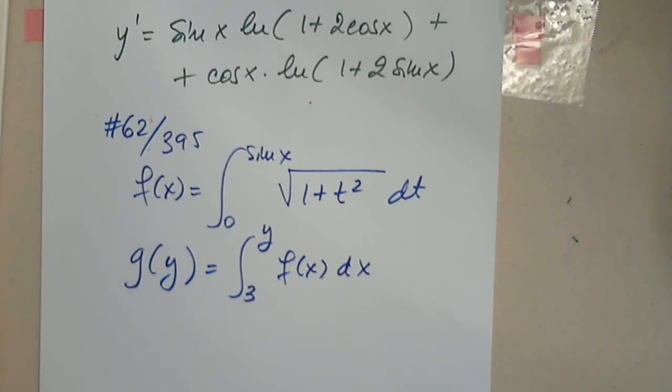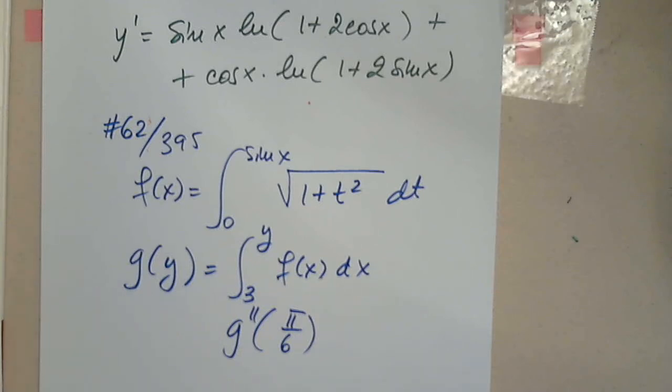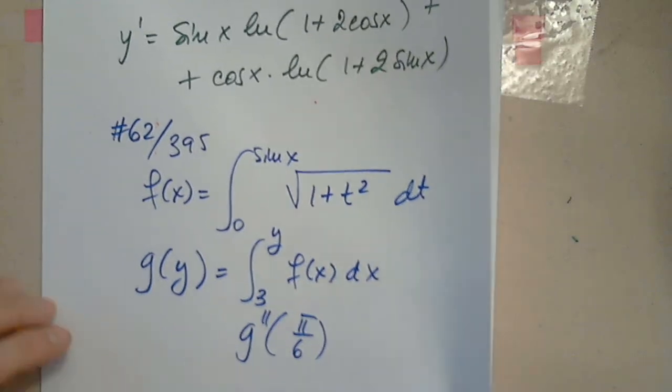And we are asked to find g double prime of pi over 6. I'm checking whether I copied everything correctly. F of x, indeed, from 0 to sine x, that's correct. And g of y, yes, it's 3 to y of f of x. Okay, again, we don't need to go to extremes, but let's see what this is.